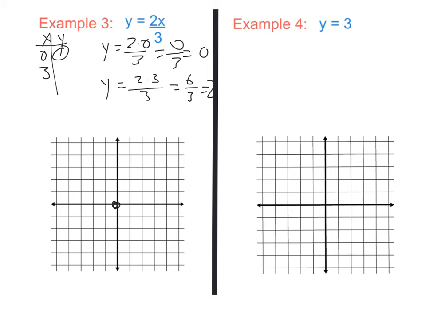So I can do 3, 2. Okay, and then let's just plug in -3 as well. See what happens. So y equals 2 times -3 over 3. -6 over 3 is -2. So -3, -2.